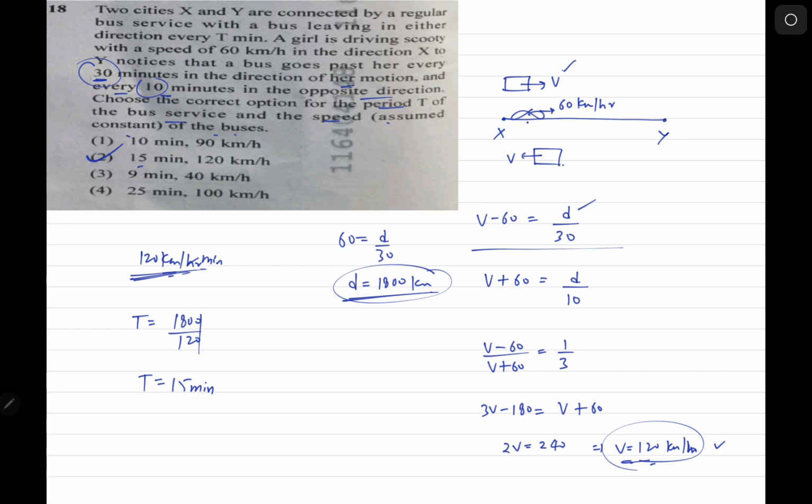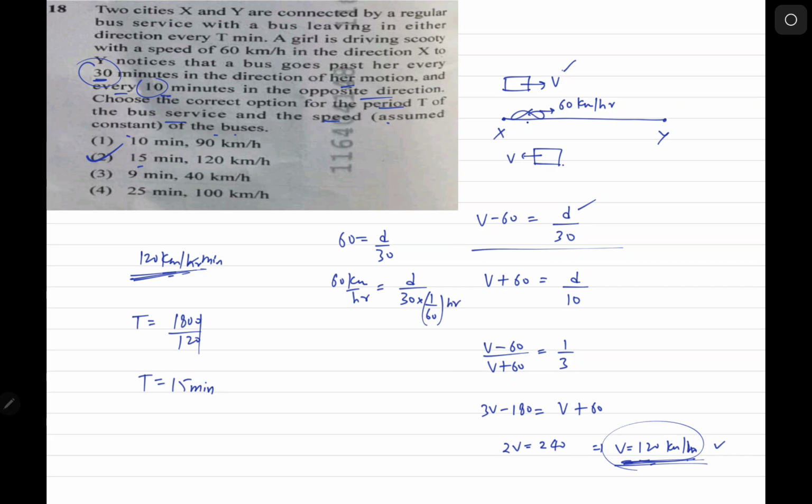Let me check the units first, wait just one second. V is coming as 120 kilometer per hour, that is fine. The speed is 60 kilometer per hour, d by 30 minutes. Here we are writing in minutes, so minutes can be written as 1 by 60 hour.